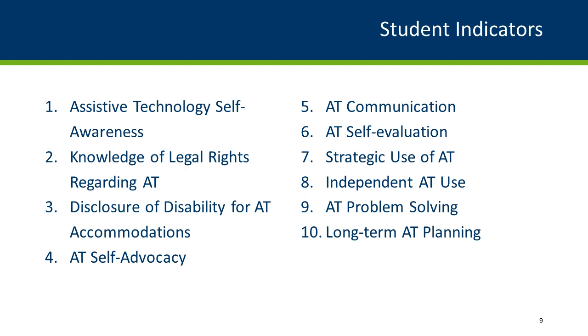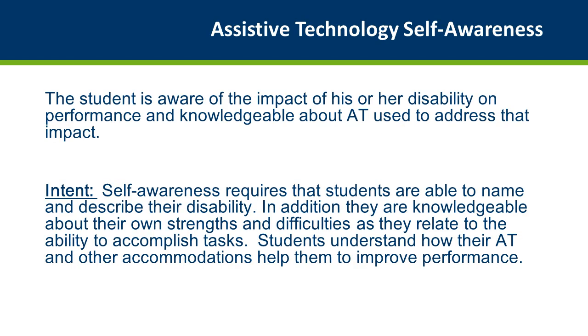So let's talk about each one of them. The first one is that the student is aware of the impact of his or her disability on performance and knowledgeable about AT used to address the disability.